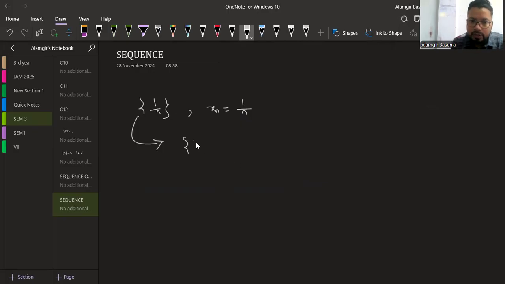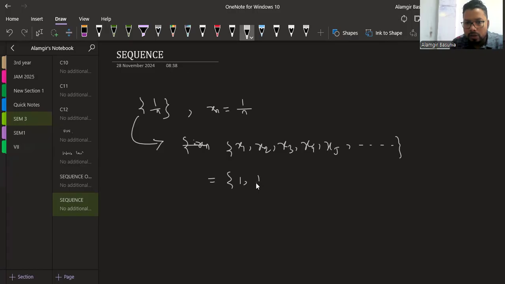What is the first term? For any sequence xn, we denote the first term by x1, then x2, then the third term x3, x4, x5, and so on. Now for xn equal to 1 by n, the first term is 1, the second term is half, 1 by 2, then 1 by 3, then 1 by 4.